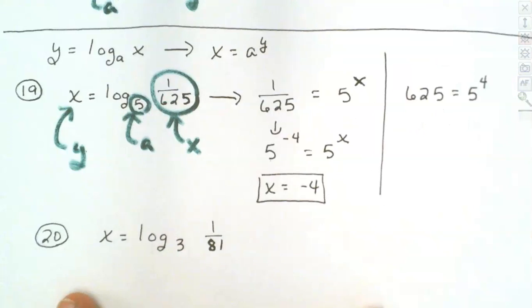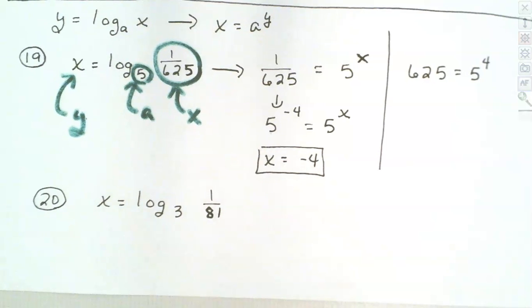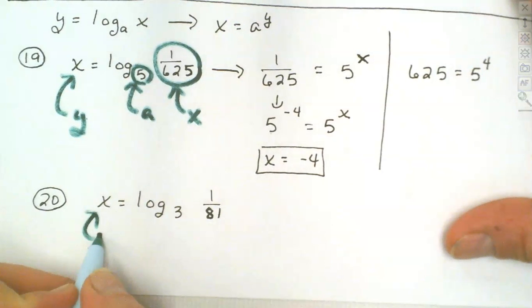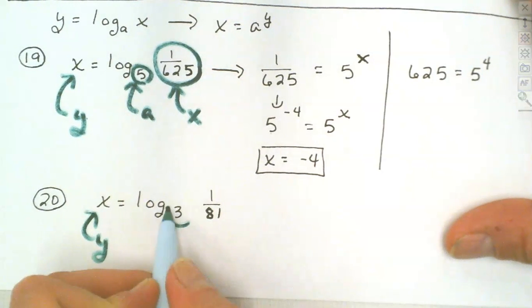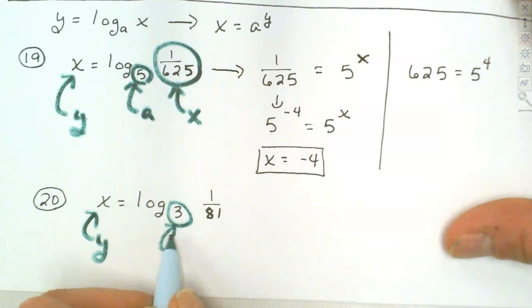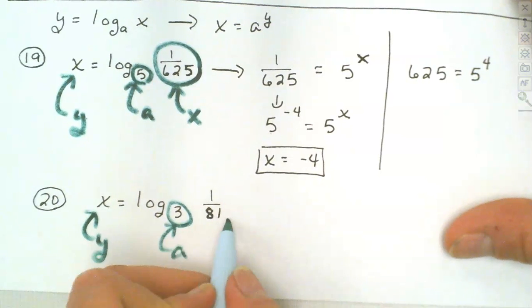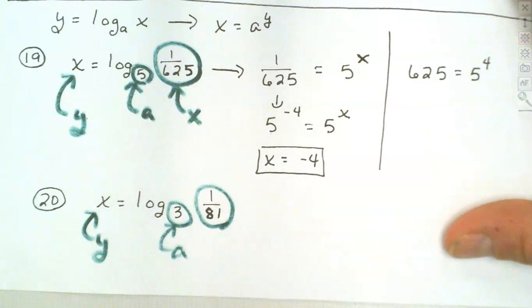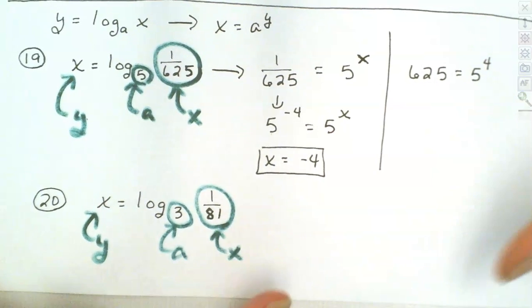Okay, so first thing we do is we label our components. So that x is going to be labeled as the y. That 3 is down below, that's your base of a. And that 1 over 81, that's your x.